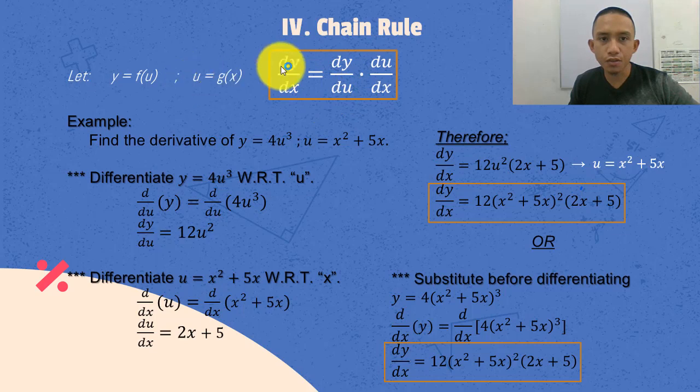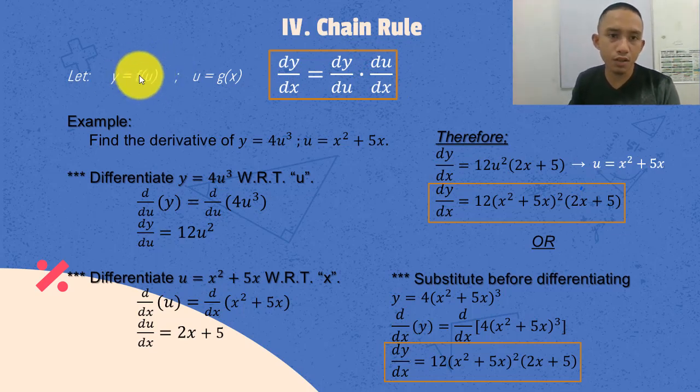Then go to the second equation and differentiate that with respect to x. Why are we differentiating the first equation with respect to u? Because that is the independent variable. It means that y depends on u. Therefore, if I differentiate this one, that will be dy du.